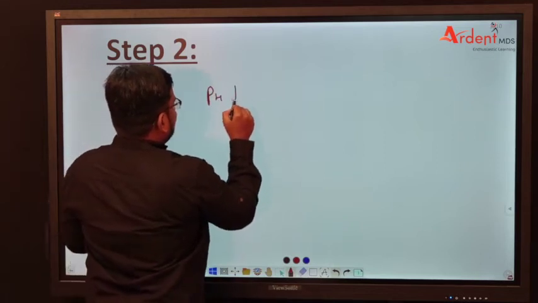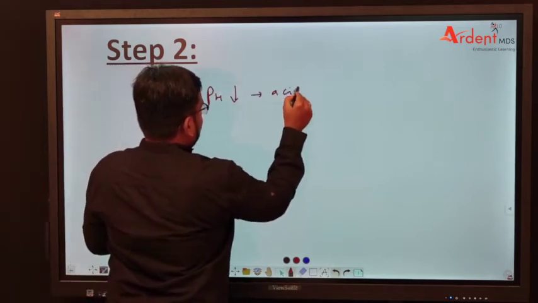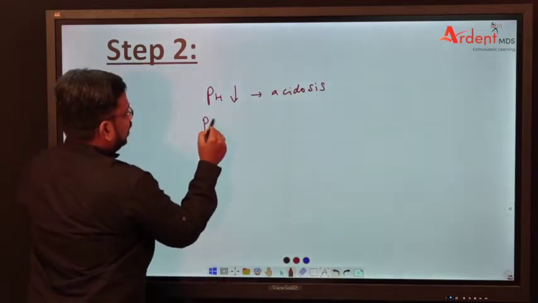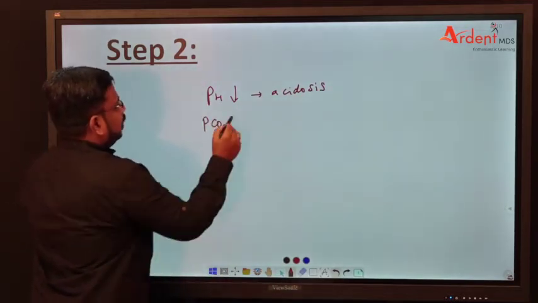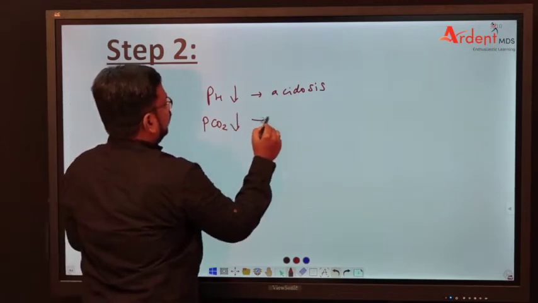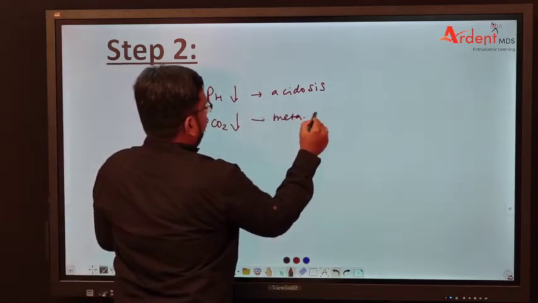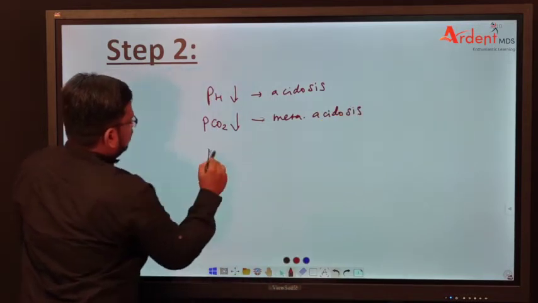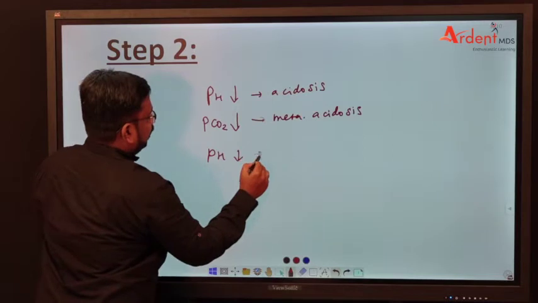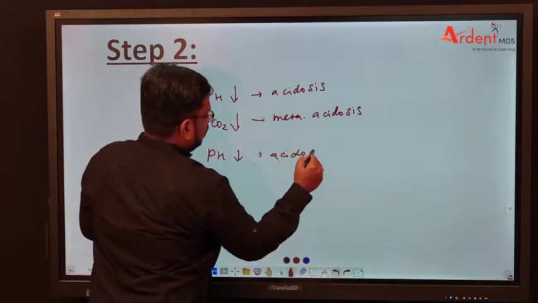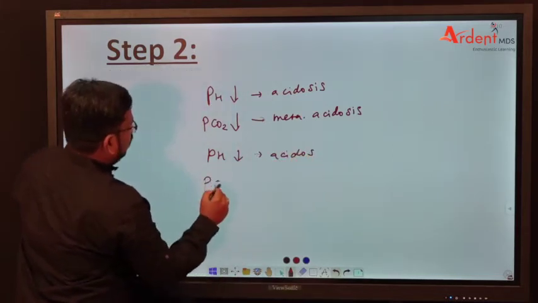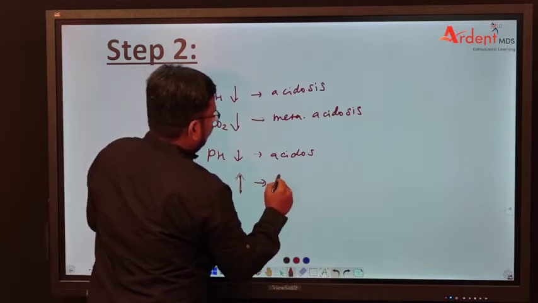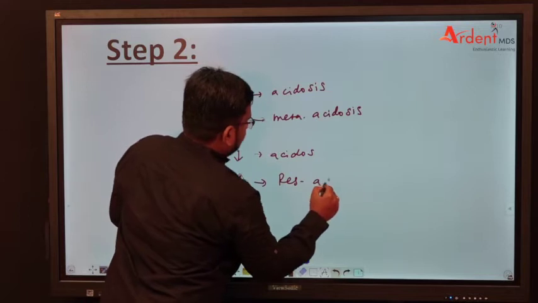If the pH is less, you can tell acidosis. Then go for the second step, the partial pressure of carbon dioxide. If it is also less, then the patient has metabolic acidosis. But if the partial pressure of carbon dioxide is higher, you can tell respiratory acidosis.